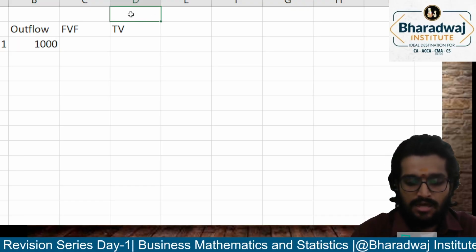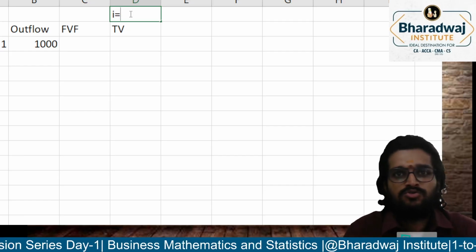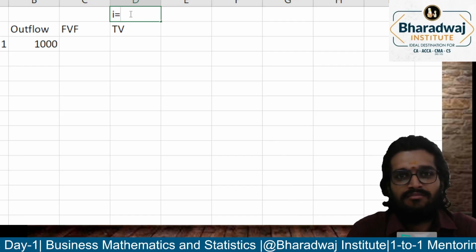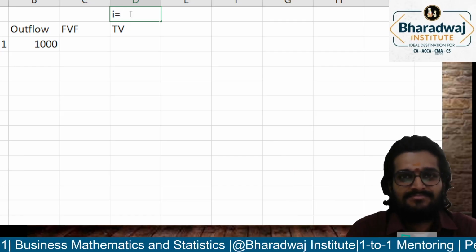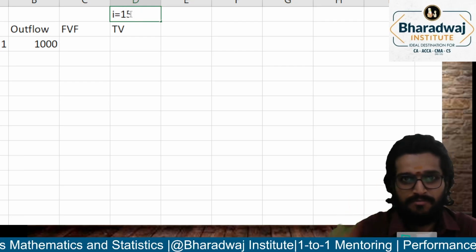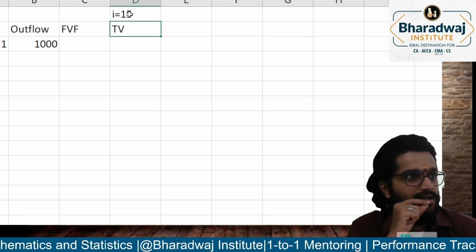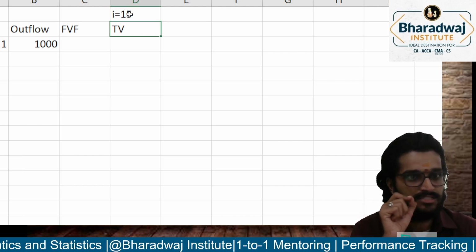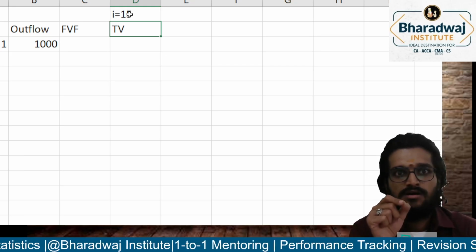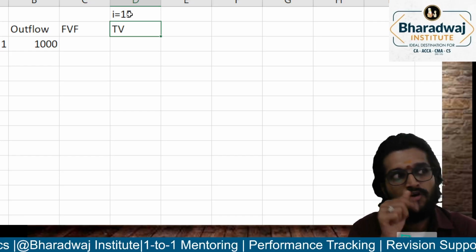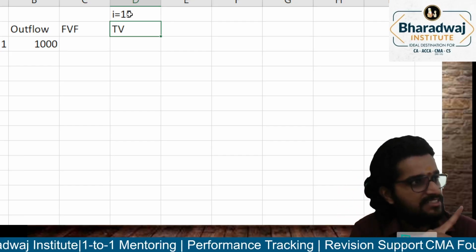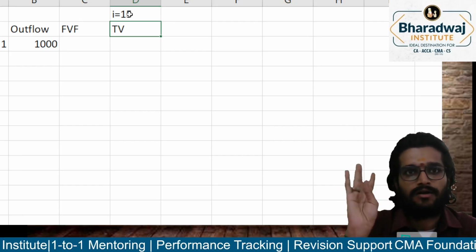Let me take i equal to... tell me a number you like, 10 to 20. Okay, 15. Let it be 15. Which means I am going to invest 1000 rupees in a portfolio which gives me a compound interest of 15% per annum. If it is half yearly, you know how to convert it into an annual one.